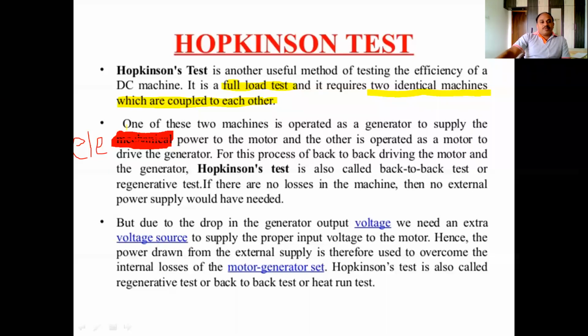One machine acts as a motor, the second machine acts as a generator. The generator supplies electrical power to the motor. That means the generated electrical power is supplied to the motor.